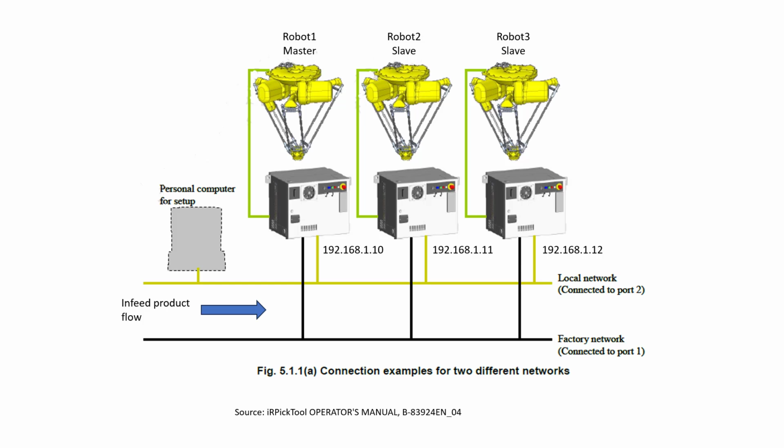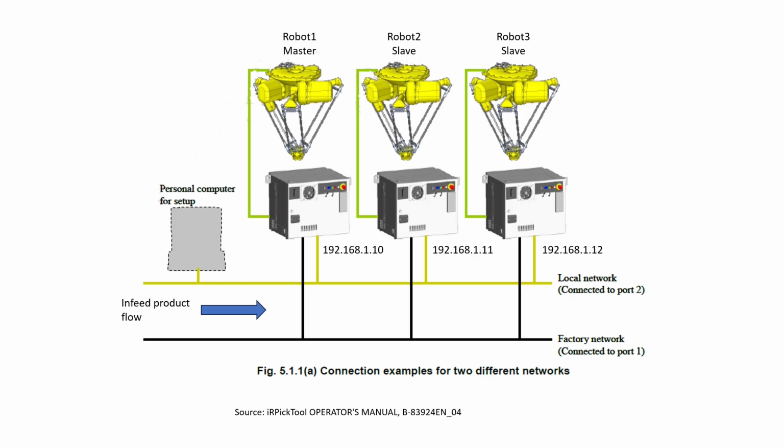This communication delay is going to be in the order of milliseconds, but if you multiply these milliseconds by the speed of the conveyor, this is going to give you a few millimeters error in the position of the part detected by the camera. To summarize, the master robot controller is going to be the one that's going to be upstream on the infeed conveyor, and we're going to connect the line tracking interface and the camera to this robot.